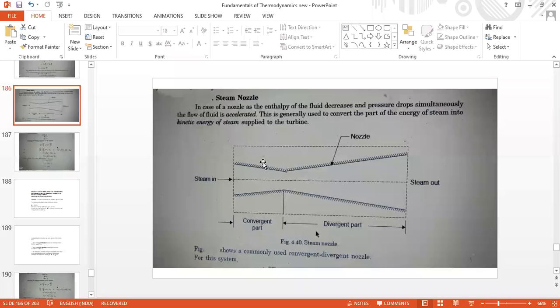The very purpose of a nozzle, I told you in the last class, we briefed it.